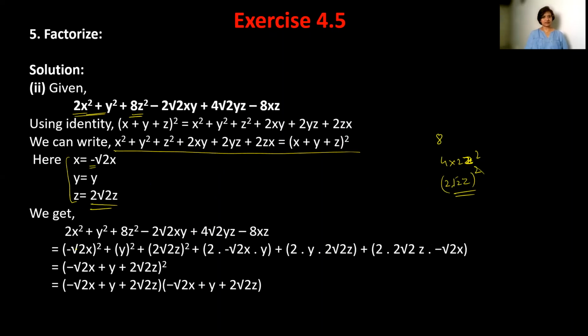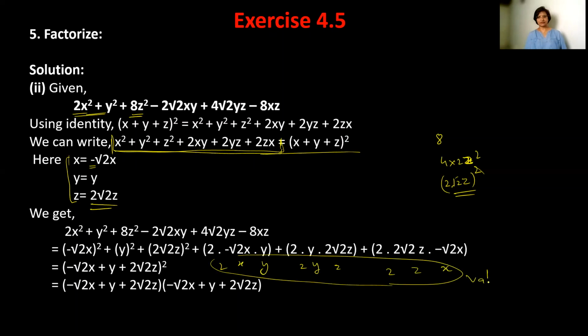Now we get this expression after putting these values into the right hand side of this expression. So putting values: (minus under root 2 x) whole square plus y square plus (2 under root 2 z) whole square plus 2 into x and y plus 2 into y and z plus 2 into z and x, and we put in the values. The values I have already written here.